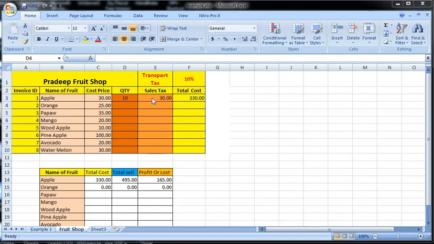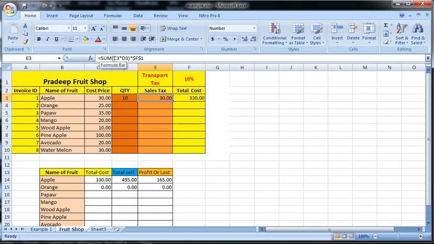Now how did I get 30 as my 10% tax? So if I click over here, I have used a function, equal sum.